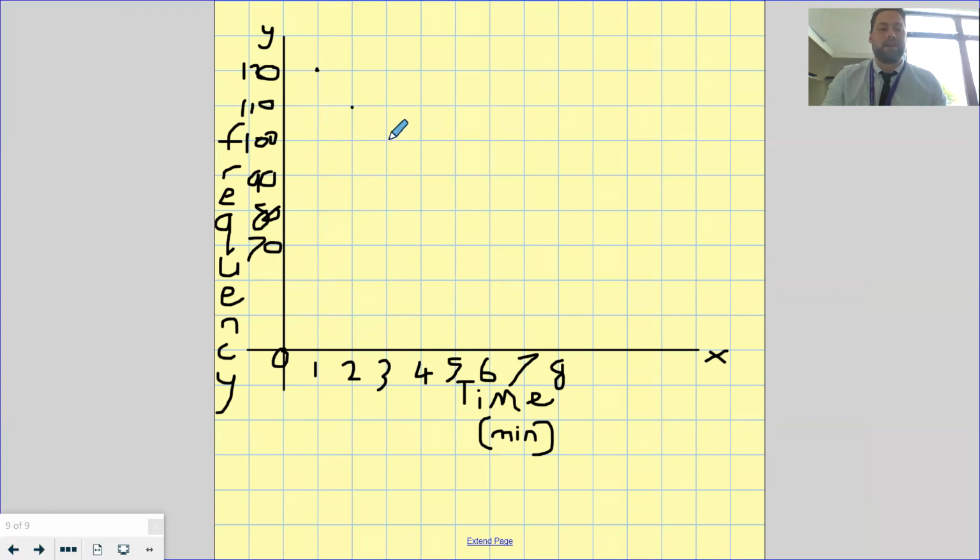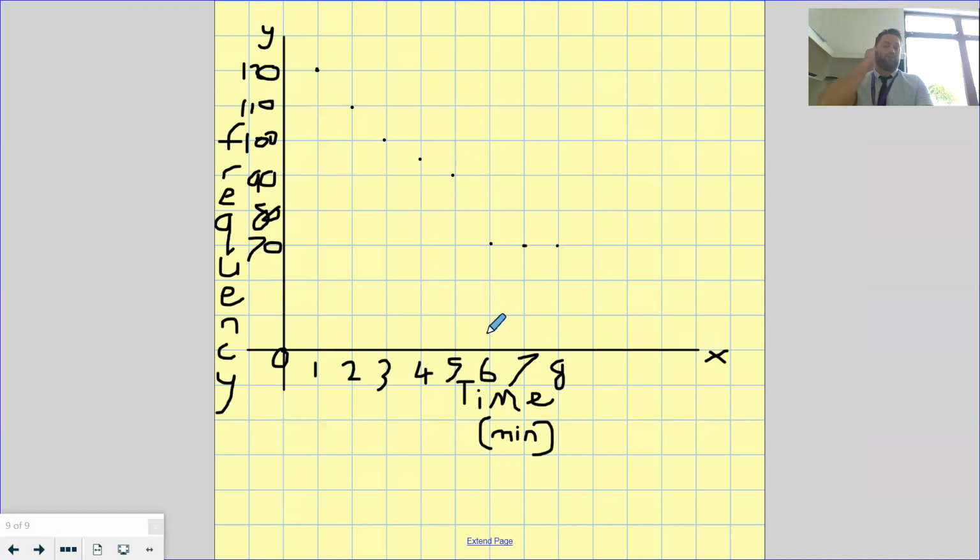At 3 minutes, it goes to 100. At 4 minutes, it may be at about 95. And then at 5 minutes, it goes to 90. At 6 minutes, we could say it drops down to about 70. And then at 7, it stayed at 70, and at 8, it stayed at 70.